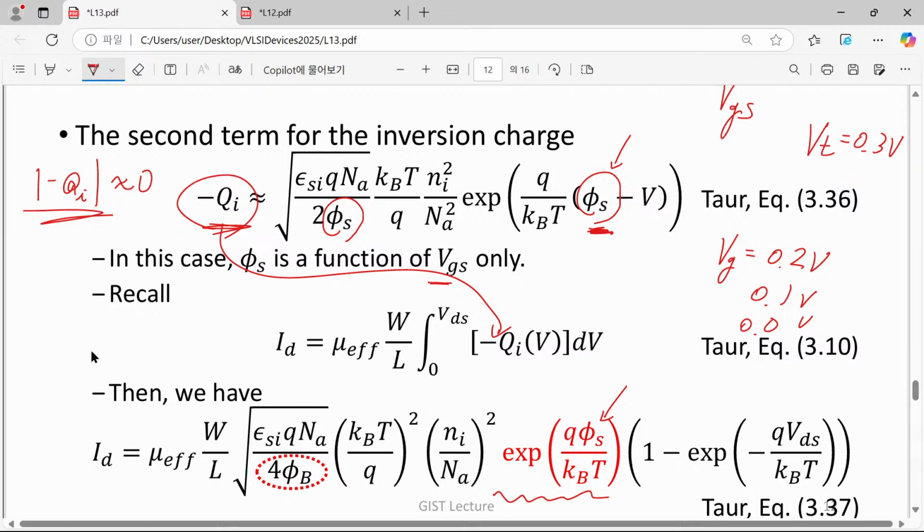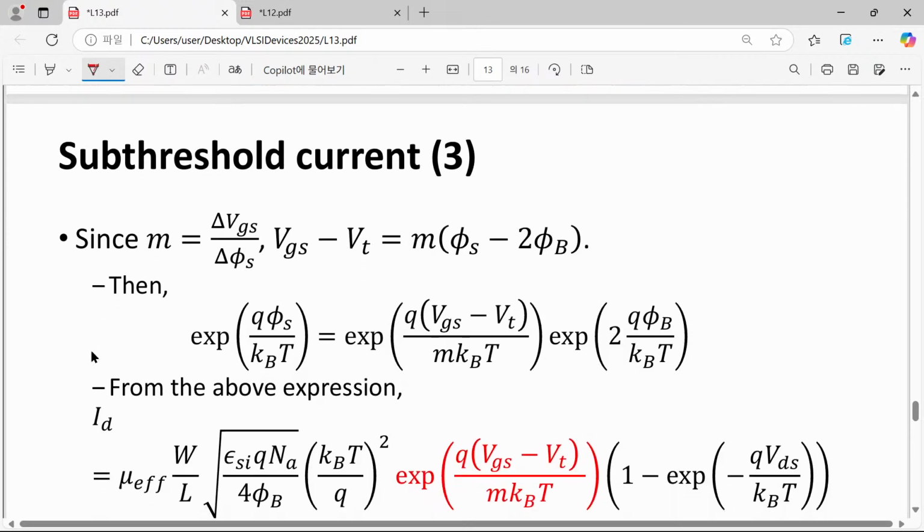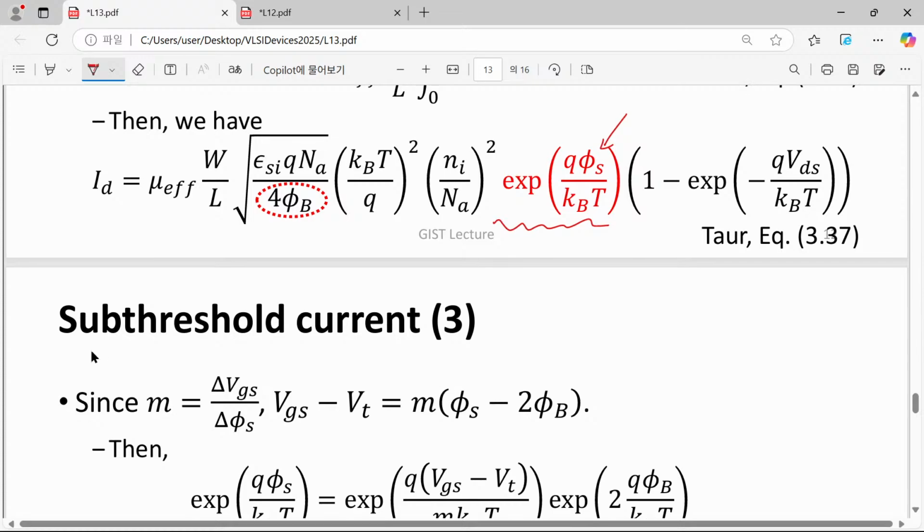Quite easy to understand. So simply speaking, ID really depends on surface potential exponentially. And so the point is, in this sub-threshold regime, ID follows exponential of phi s over kBT over q.